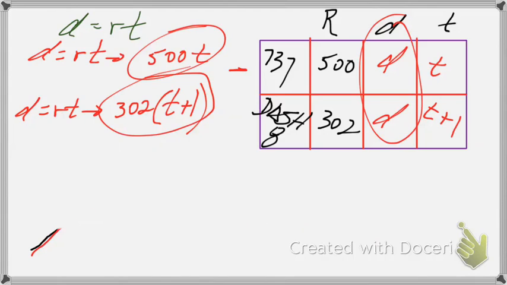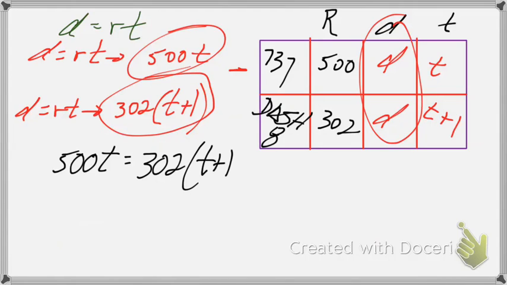So, what I have here is 500t equals 302 times t plus 1. Those are equal to each other. You find t, and you end up with t equals 1.53-ish. I mean, you're just at an estimate there.